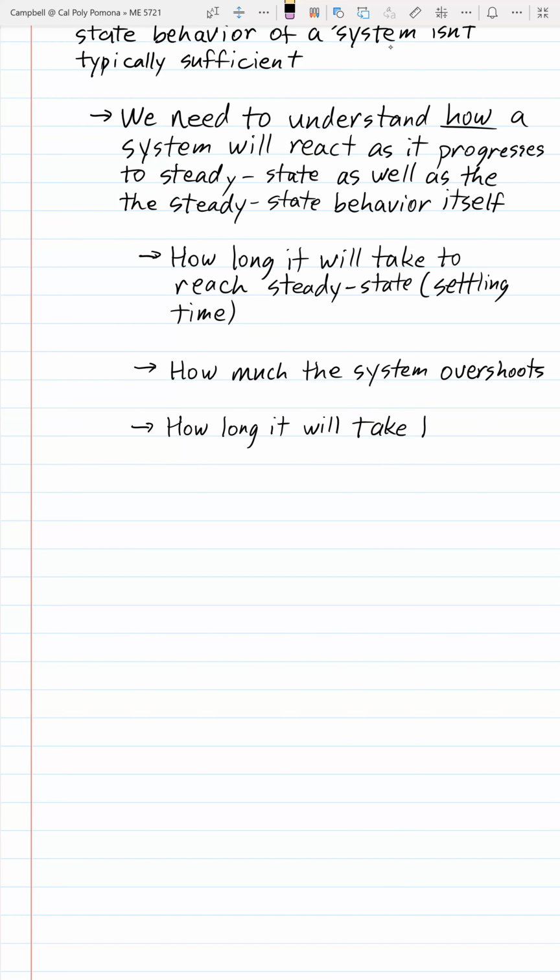So of course, that means that we've asked the system to do something different. We want that change to be instantaneous. Clearly, the system can't change instantaneously. And so then we're interested in that deviation from what we hoped the system would do and what it actually ended up doing. So how long it'll take the system to respond. And of course, that is associated with the rise time of the system.